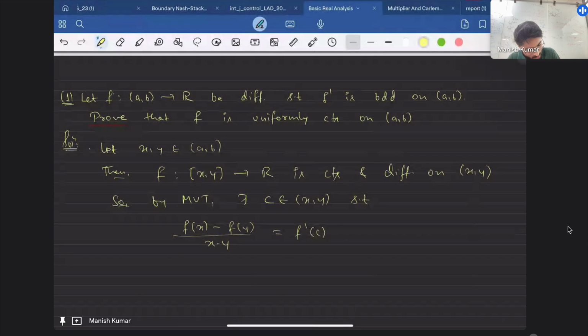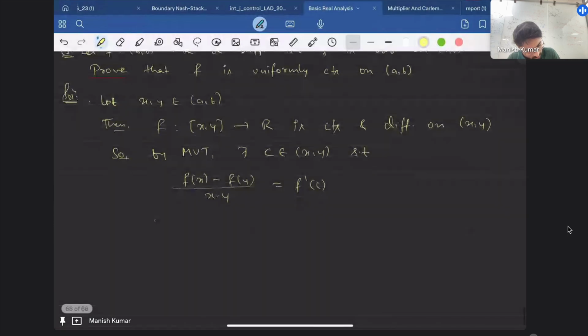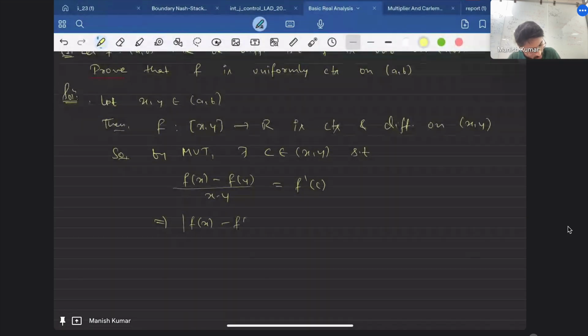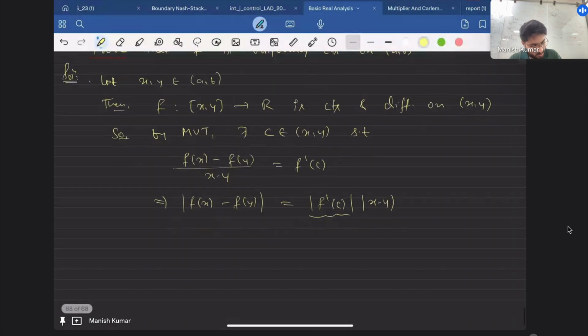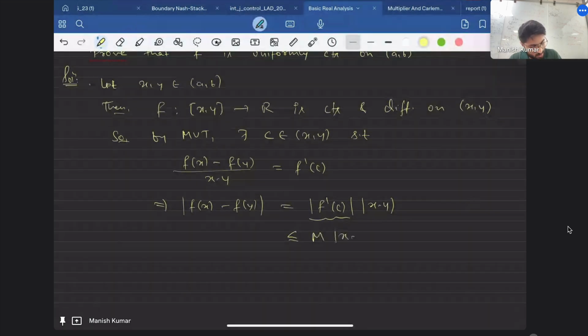Then I'll just take mod. So mod of f(x) minus f(y) is equal to mod f prime c times mod x minus y. Now I know this derivative is given to be bounded, so I'll say this is less than or equal to M times mod x minus y.